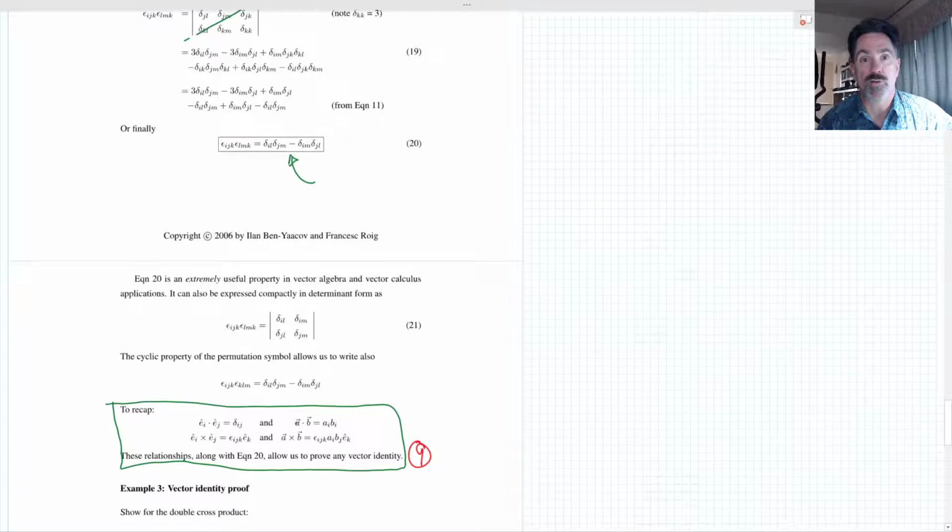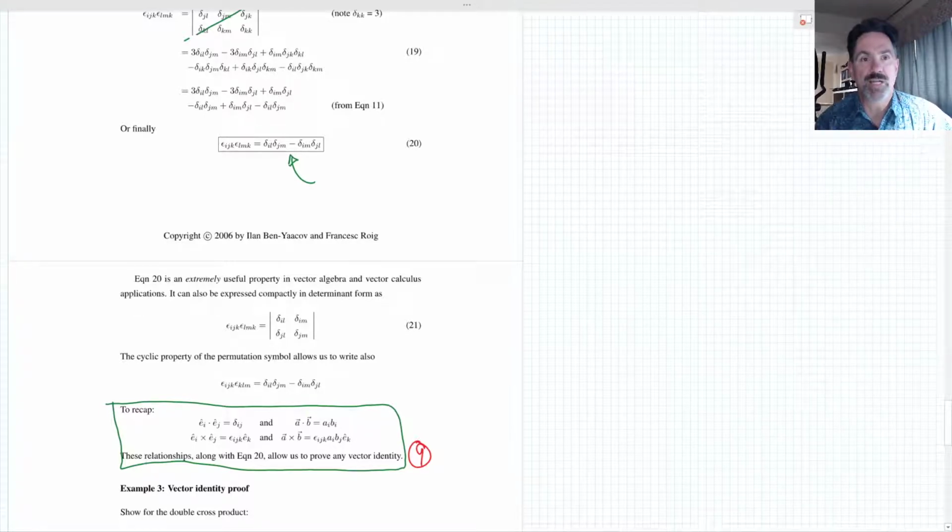The dot product of two regular vectors gives me this repeated index here. The cross product of the standard basis vectors is the permutation tensor, and the last index is the same as the standard basis vector. The k matches up here. That's what I'm trying to say. And then of course the cross product for two vectors is equal to this thing here.